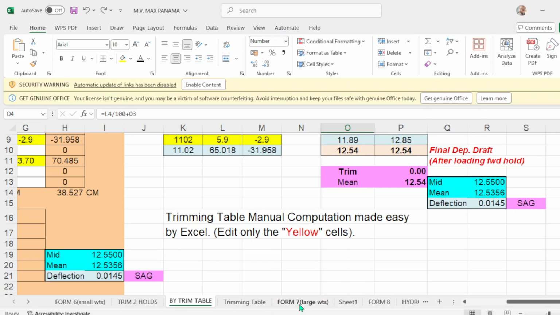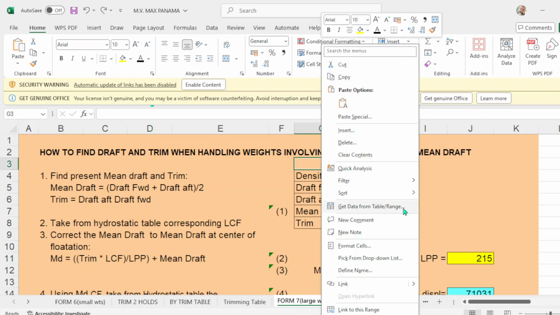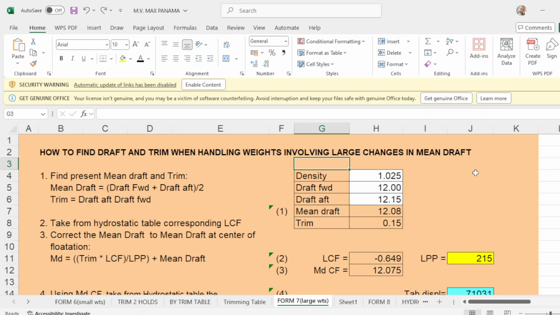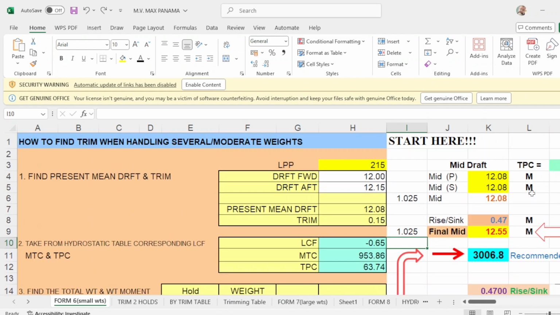Then we go now for number 7, which is how to find drop and trim when handling weights involving large changes in mean drop. Take note, guys, in Form 6, the initial density upon reading the drop survey around the vessel is 1.025 saltwater.